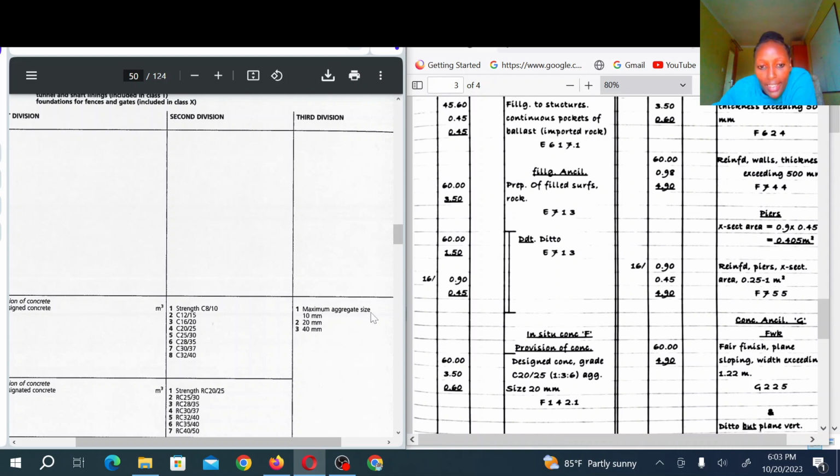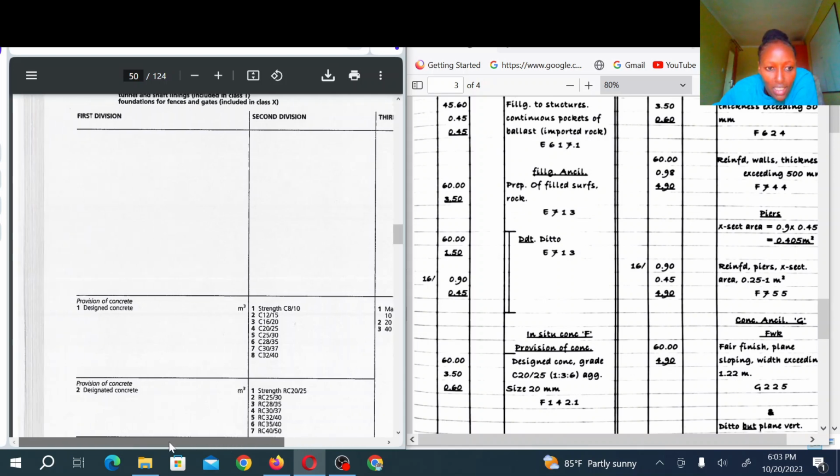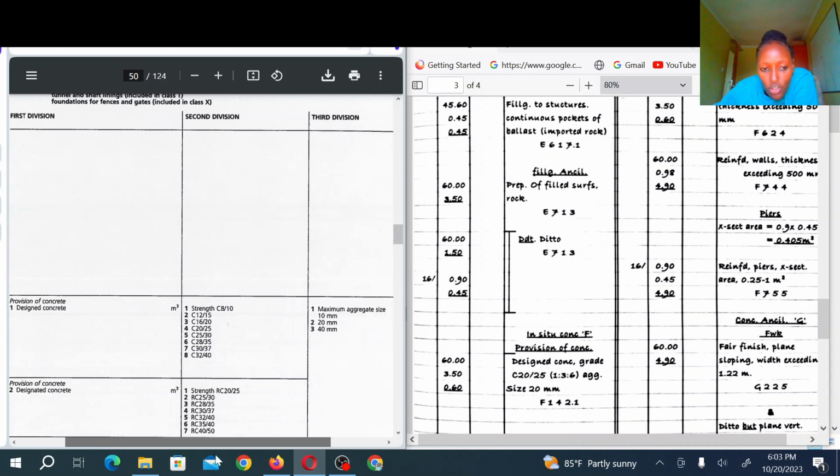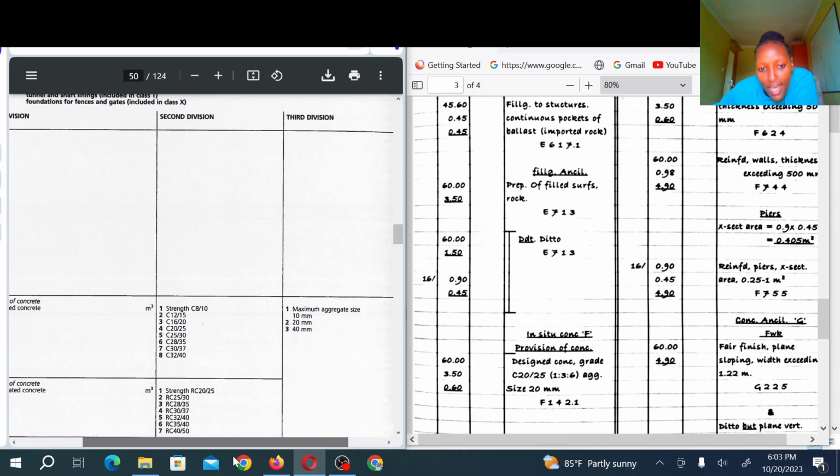Then maximum aggregate size, we had been told, is 20 millimeters. So when we are writing the coding for that, it shall be class F, first division 1, second division 4, then third division 2.